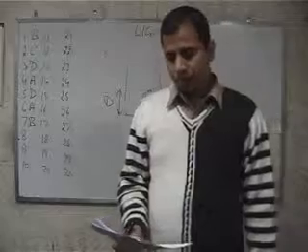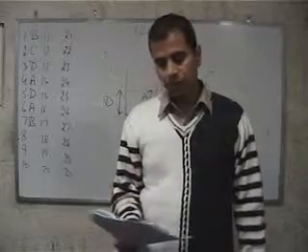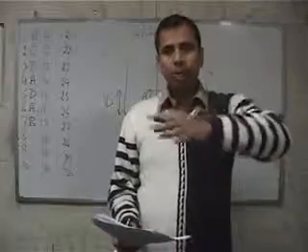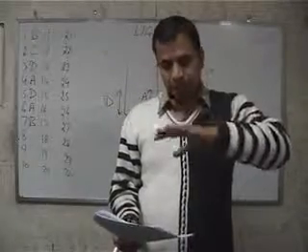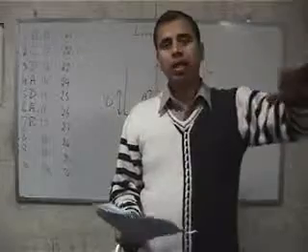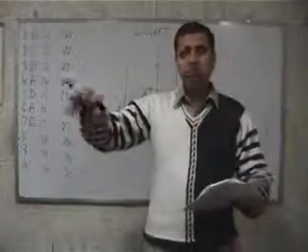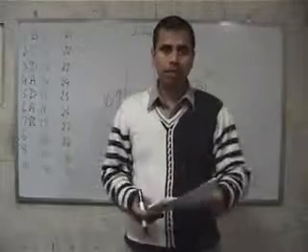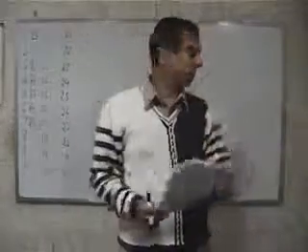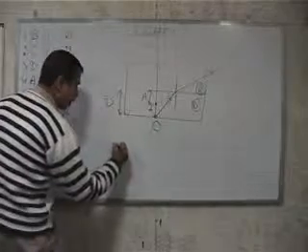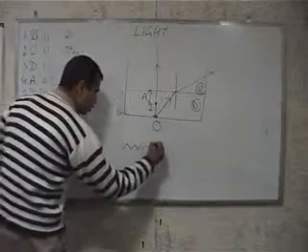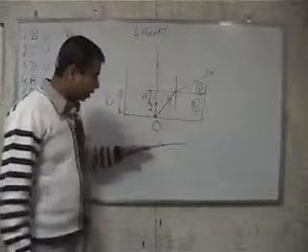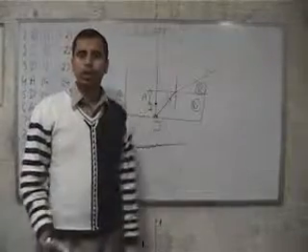Now question number 8. Light appears to travel in a straight line because we all know light is a wave. If the wavelength is very large, then we can see that there is a variation, and the wave does not appear to be traveling in a straight line. But because in case of light we are talking of very small wavelength which is not visible to human eye, that is why light appears to be traveling in a straight line.